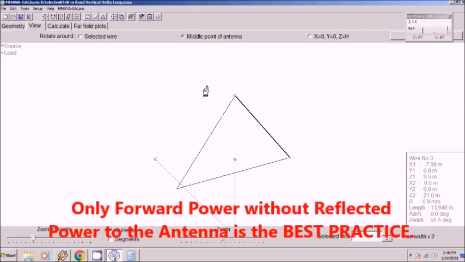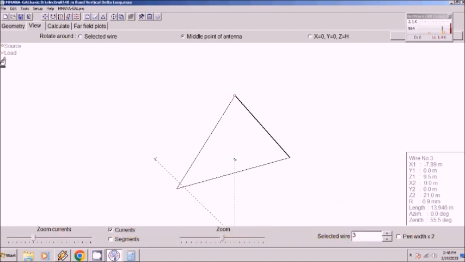It is better, right? Compared to the power going back again to the transmitter. Okay, that is the function of an impedance transformer in telecommunication equipment design.